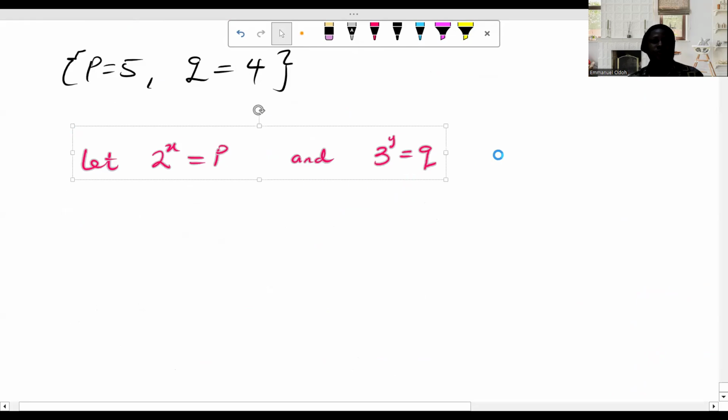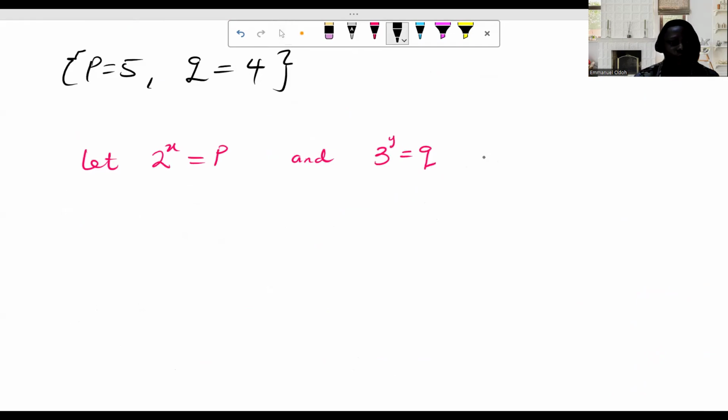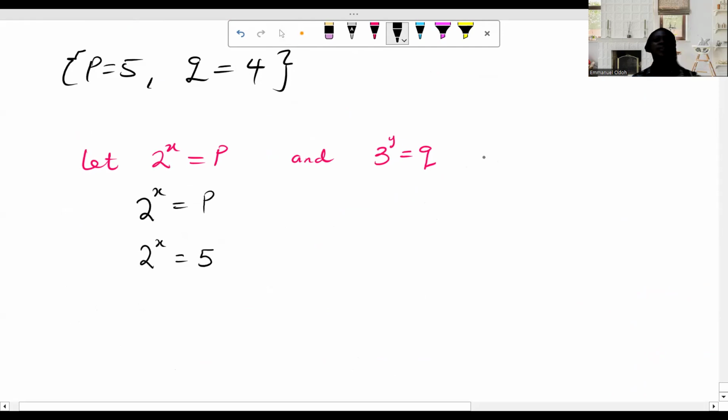So this is what we say, that p is equal to 2 to the power of x. So now we know that 2 to the power of x equals p. Now we know that p is equal to 5. So we have 2 to the power of x equals 5.